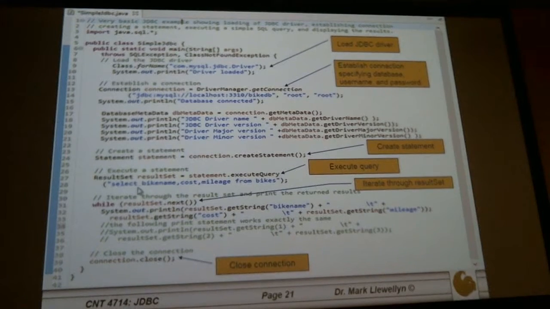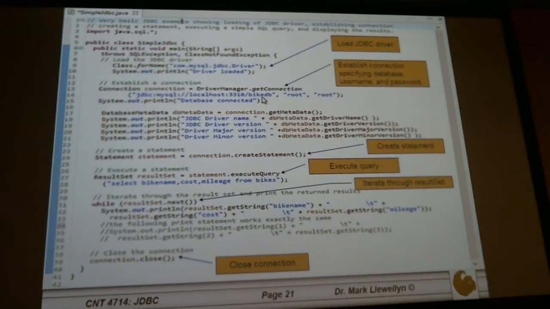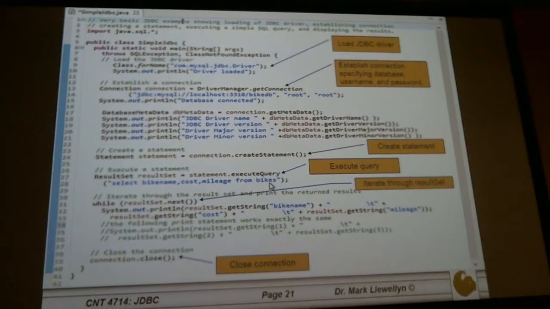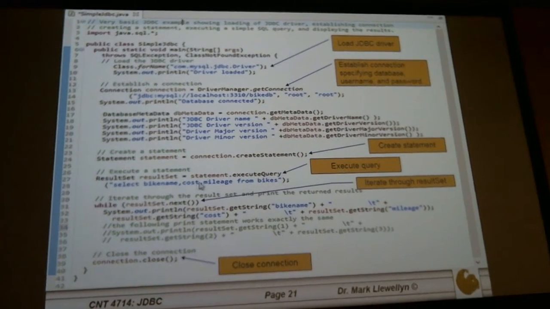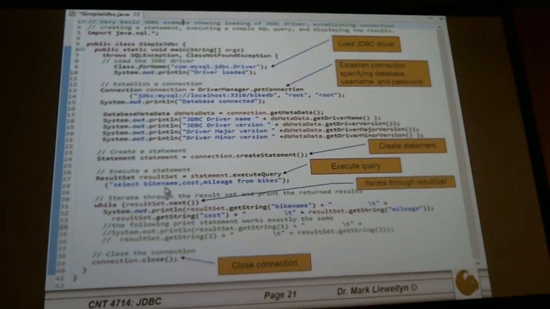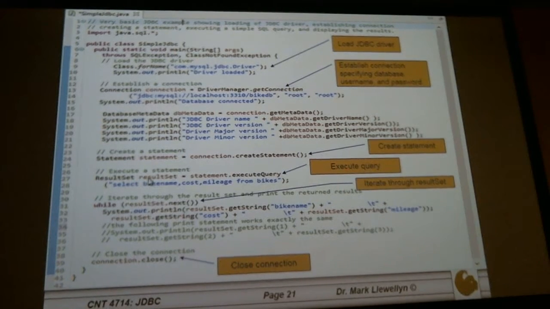I want to select these three fields from this table, and it will be in this database. Okay? I've already got a connection to that database, so I don't need to specify the database at this point. I just need to specify the table in that database. And those are the three attributes I want. What's going to come back at this point is a result set. Okay? So that's the answer to my query, basically, is in this result set object here.